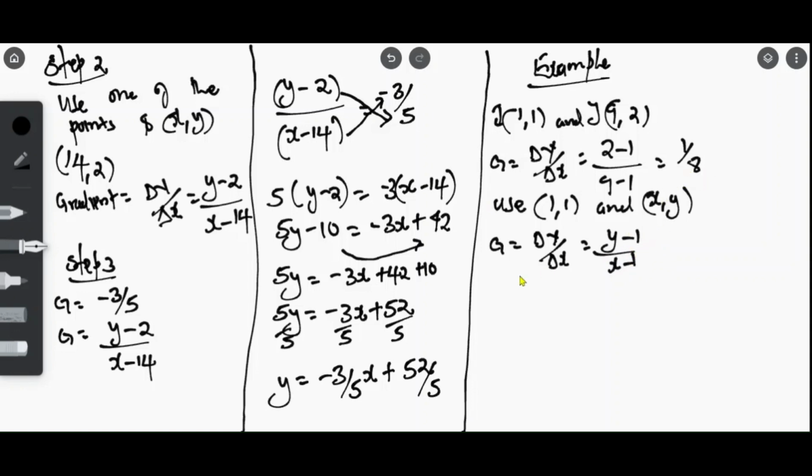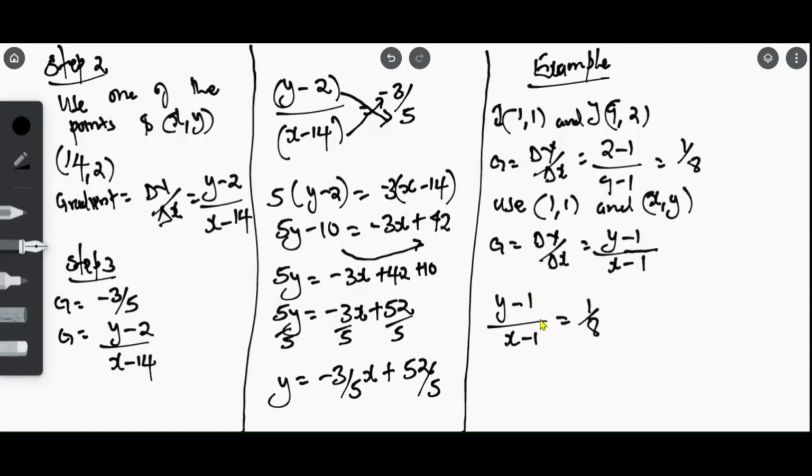And then the last step is to substitute. You say this gradient equals this gradient. So I'll say y minus 1 all over x minus 1 is equal to 1 all over 8.